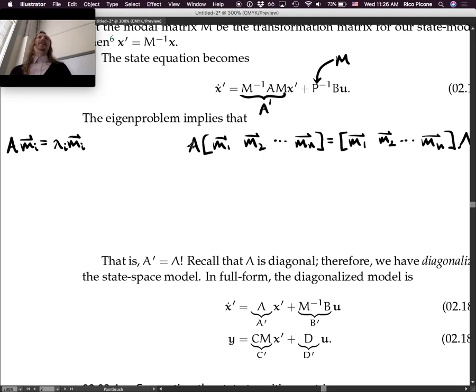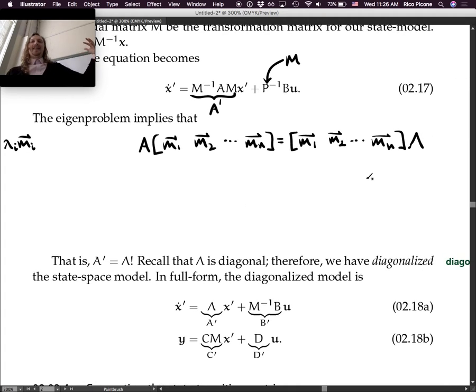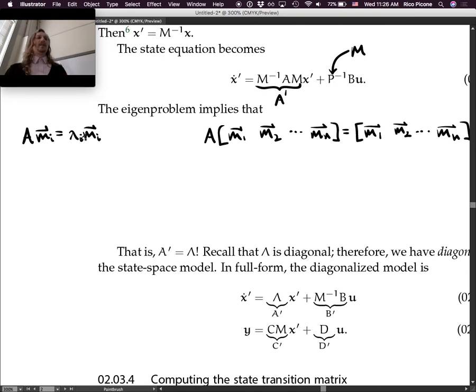And you put A out here, you can still do this matrix multiplication. It just turns into a big matrix, right? And the same with over here. What lambda does, with its form with the diagonals, it just selects out each M1, M2, etc., and it scales them and puts them in the matrix. So this is a matrix equals a matrix instead of over here it was a vector equals a vector.